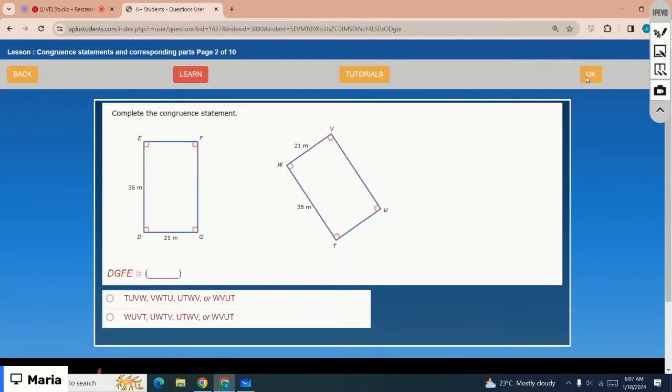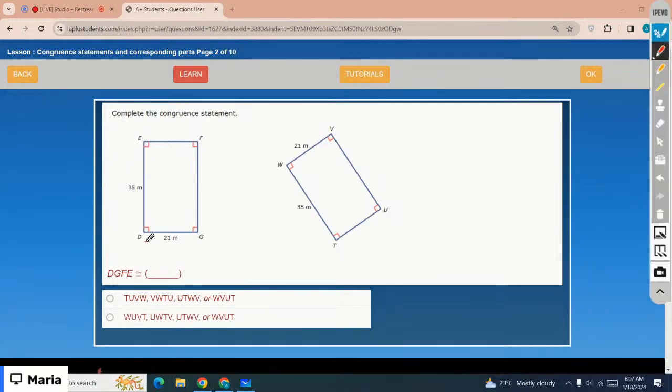The next one is complete the congruence statement. DGFE is congruent to, let's see, WVUT.